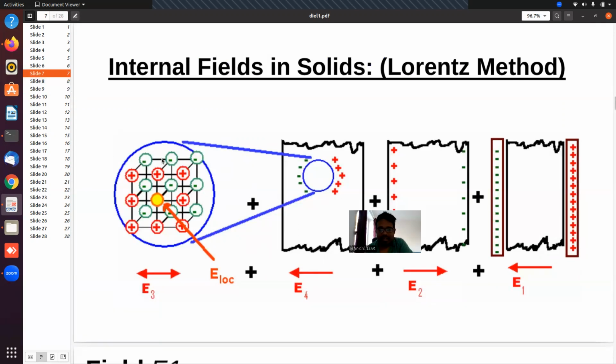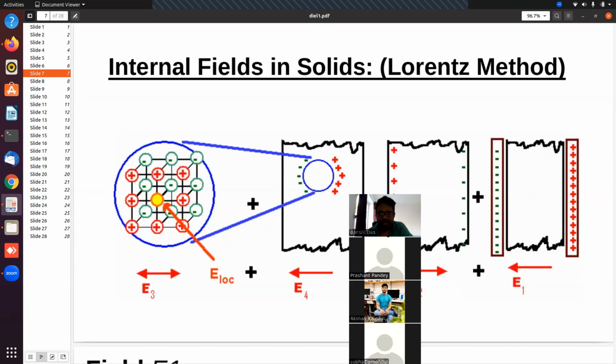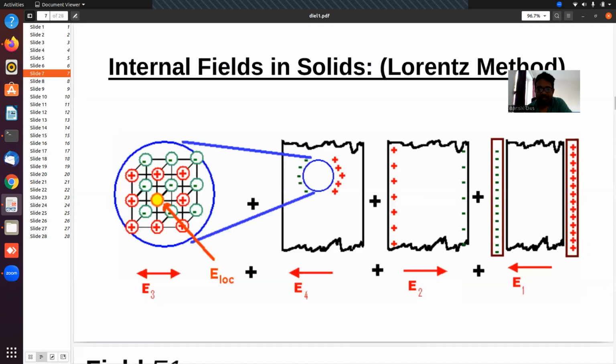And this part is clear? Yeah, it's very clear. To say it more clearly, you can think of a local microscopic cluster, not a single ion. Before Lorentz there was no idea how to deal with the local structure.